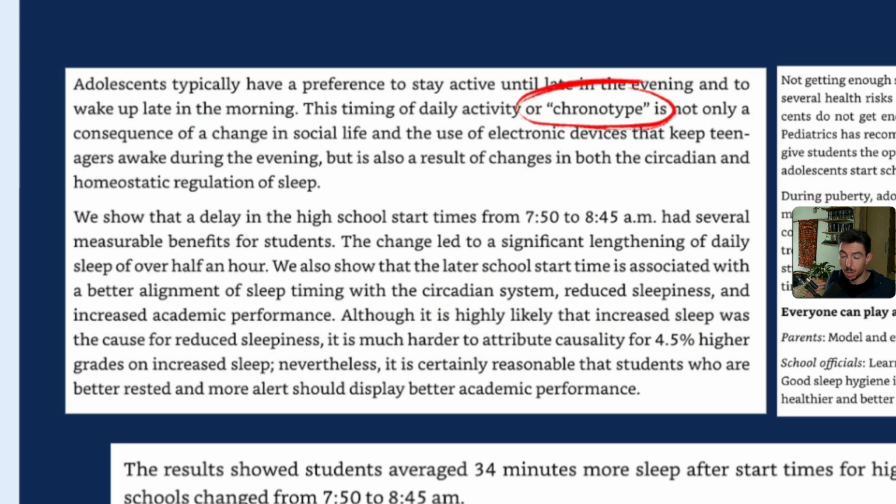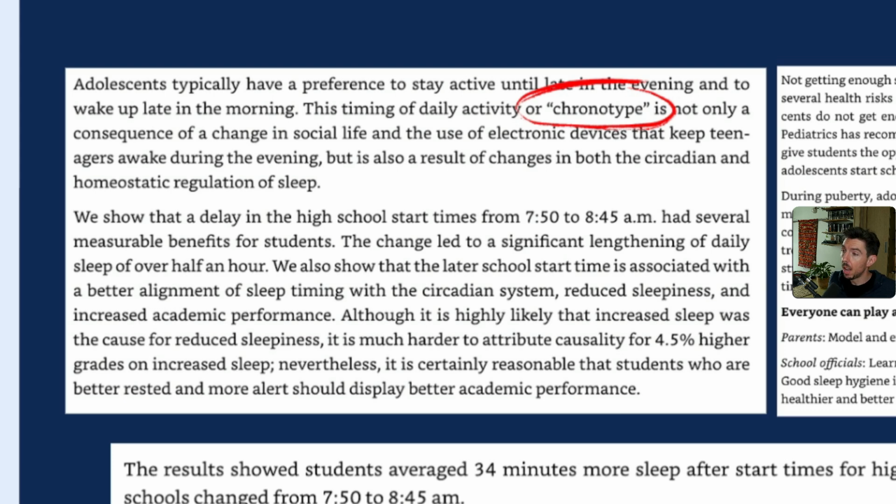The purpose is to help the reader determine whether they want to read this study. And so it's going to be written to a wider audience. They're not only writing to specialists who study sleep. They're writing to all the scientific community. And so the first thing they give you is the more common definition, which is this timing of daily activity. And then in a smaller way, they introduce the technical language, chronotype.